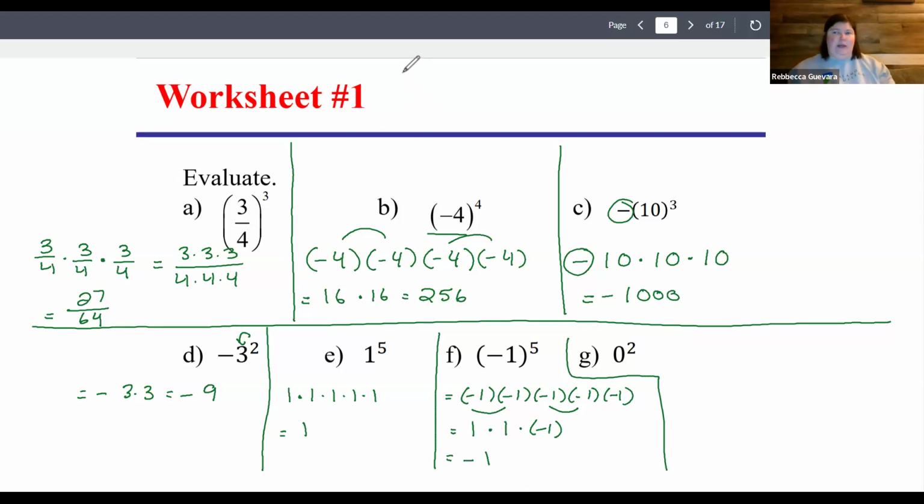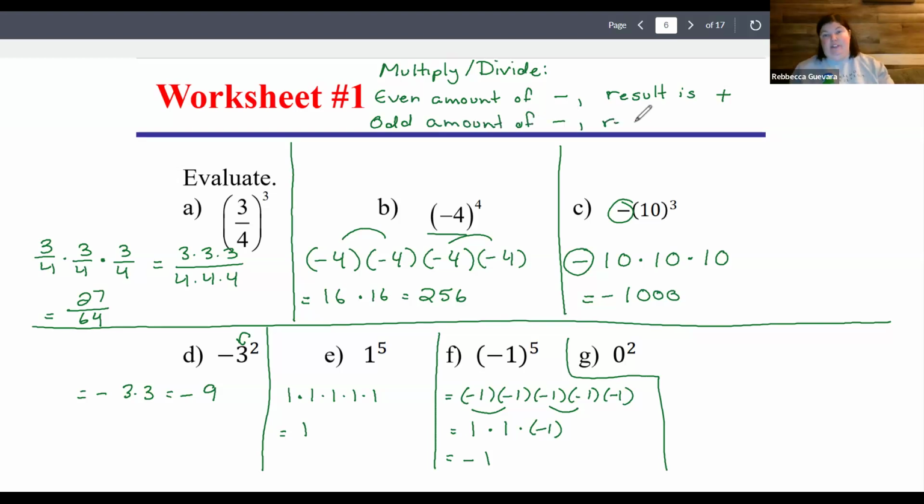So just a quick reminder about this. When you're multiplying or dividing, if you have an even amount of negatives, your end result should be positive. If I have an odd amount of negatives, then my result should be negative.